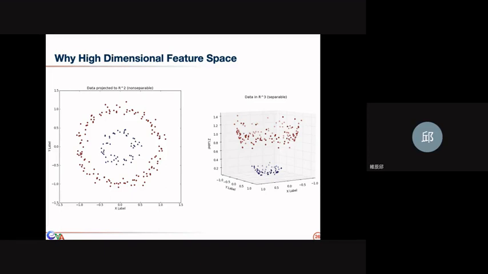But the other way around, if you use a higher dimensional feature space, a more complicated feature representation, then you are able to use a very simple model.